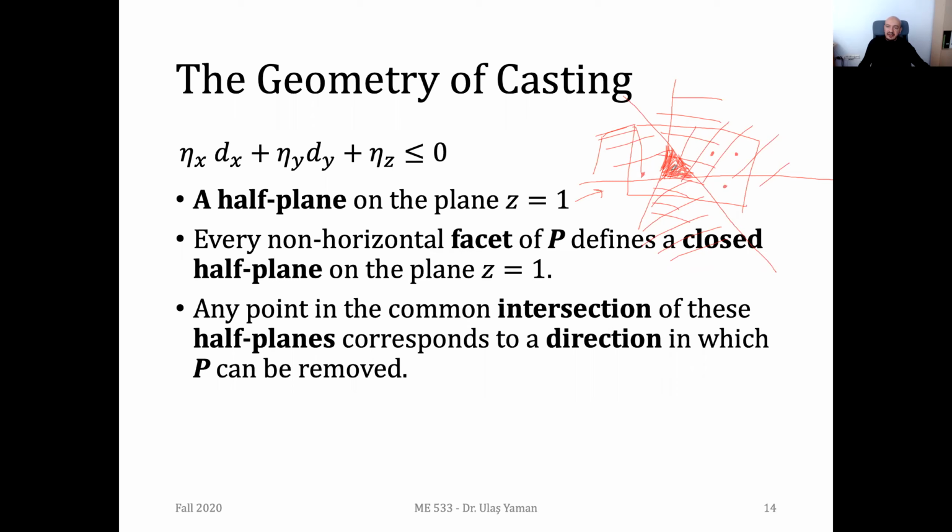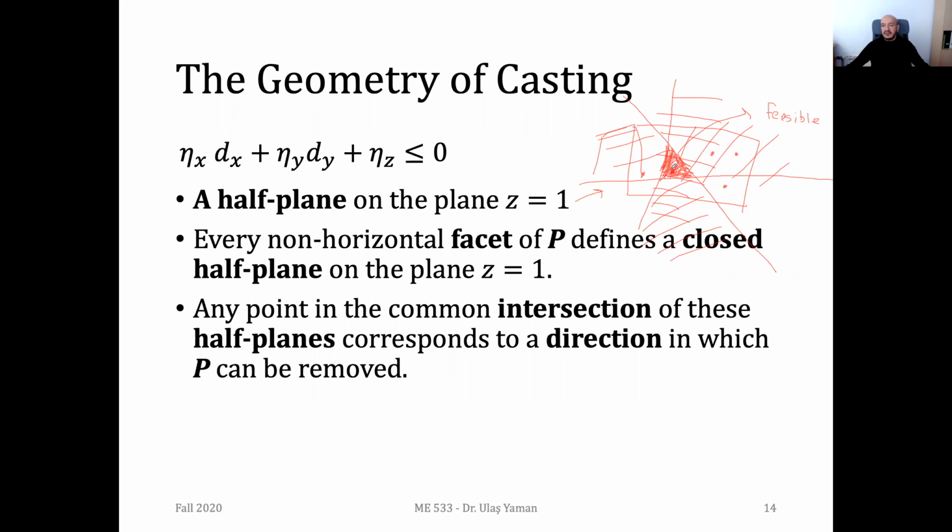So if the intersection of your direction vector with the z equals 1 plane is in this closed region, which is a feasible region, and if you find your point in that region, you can simply say that, yes, we can do the casting and remove your part in that given direction.